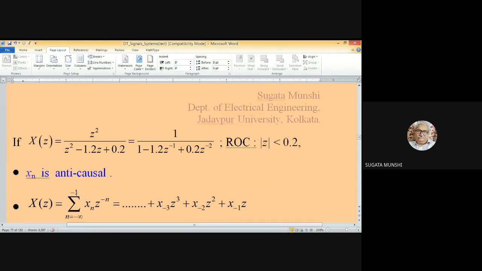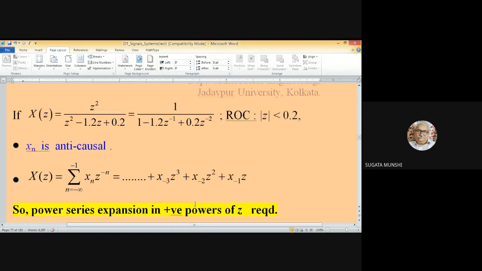Same example. x[n] is anticausal, so X(z) will be of this form. It will be a series in positive powers of z.